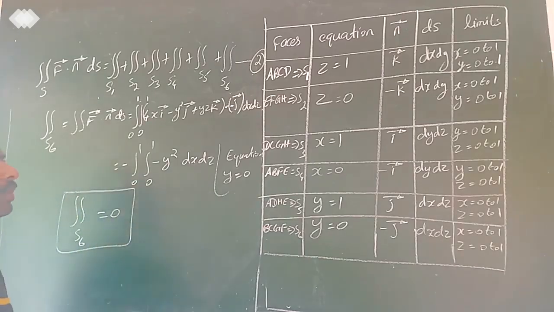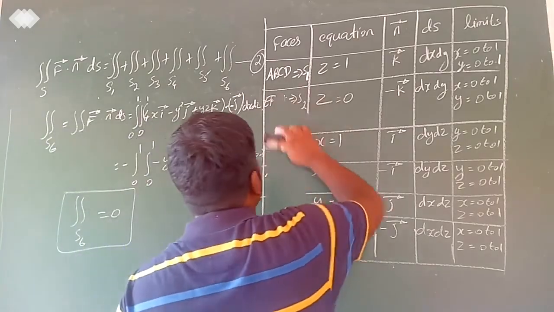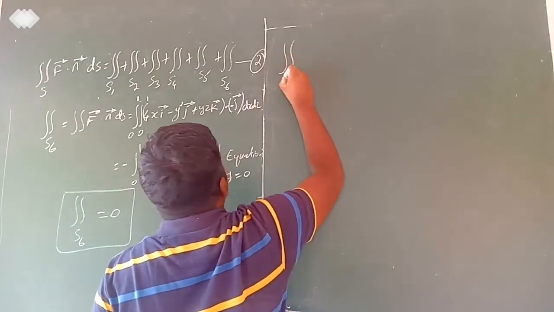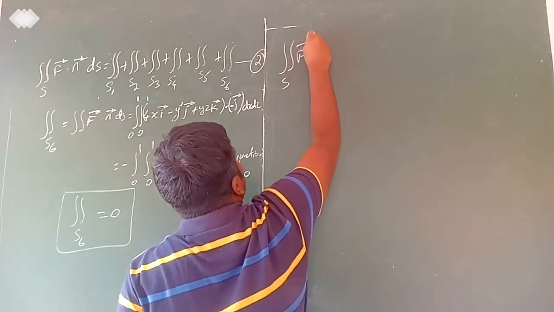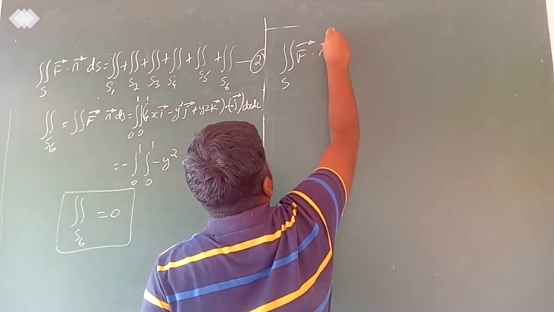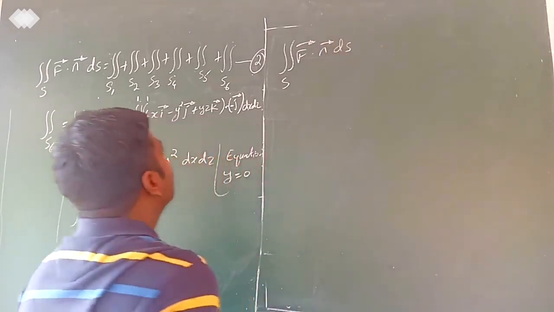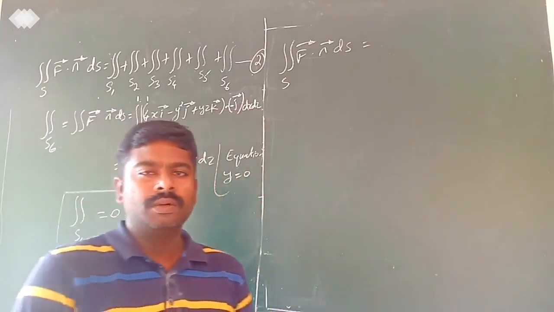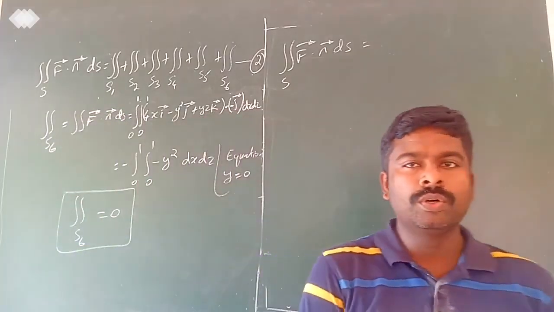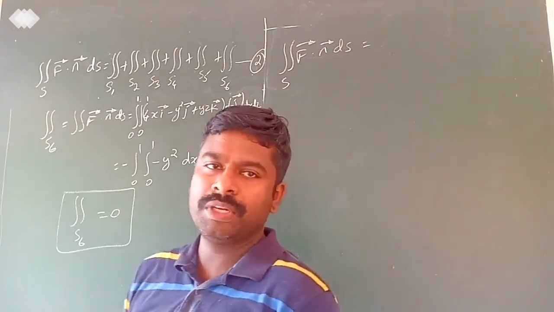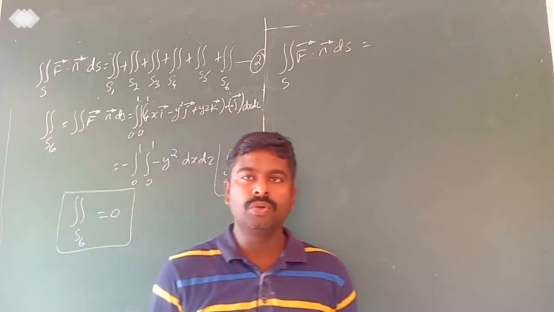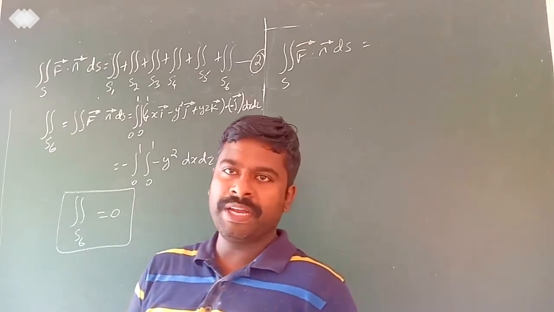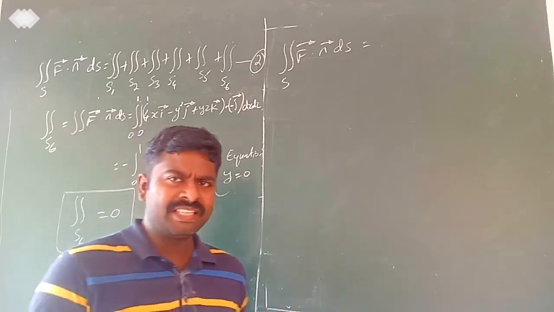So next we proceed to the last step. The double integral over S of f vector dot n vector dS equals the sum of the double integrals: S1 equals 1 by 2, S2 equals 0, S3 equals 2, S4 equals 0, S5 equals minus 1, S6 equals 0.